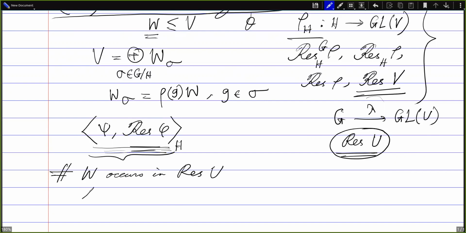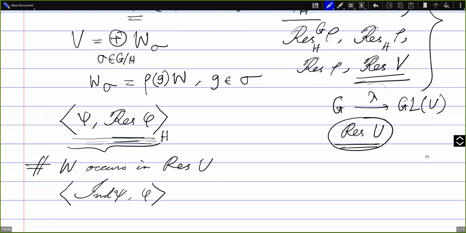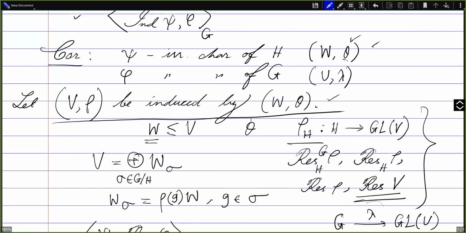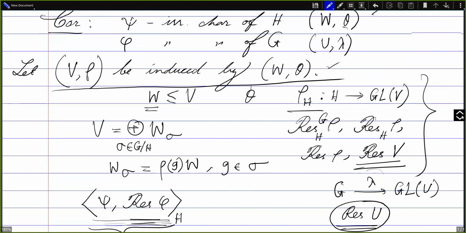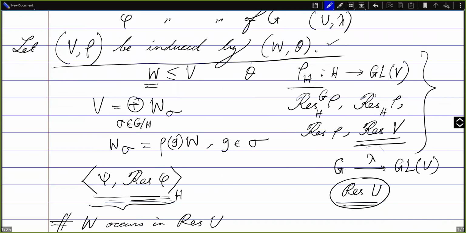The right hand side is simply the inner product of ind psi with phi. So what is ind psi? In the earlier lecture, we have seen that if psi is a character, then ind psi becomes the character of the induced representation of theta. Well, let me just simply set a notation from now on.